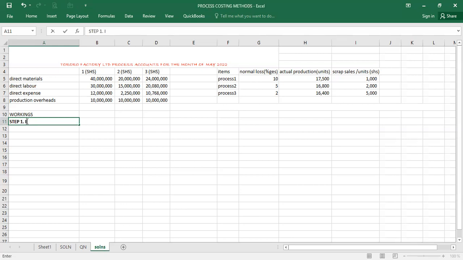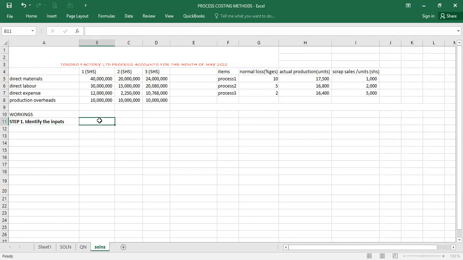Step 1: we first identify the inputs. These are already given in the question, and they will always give you the inputs.